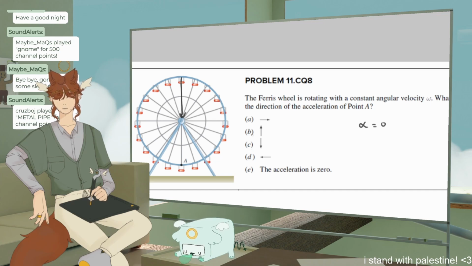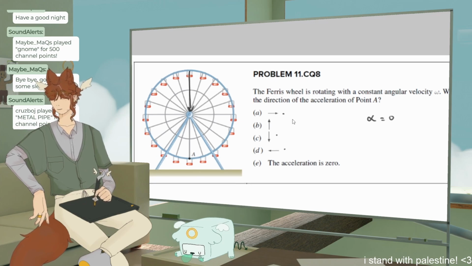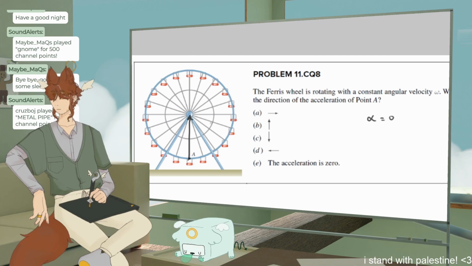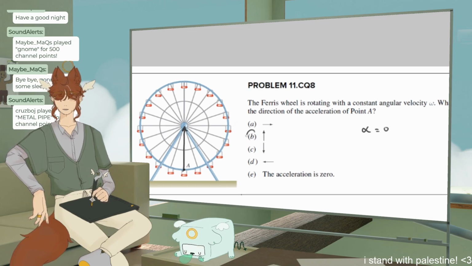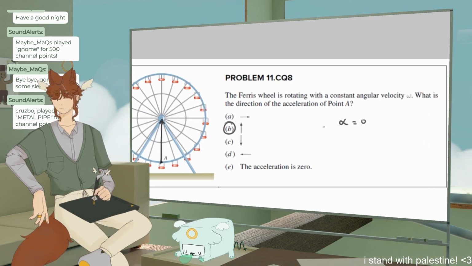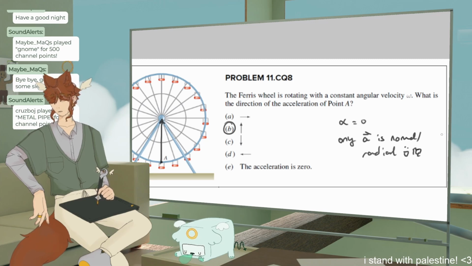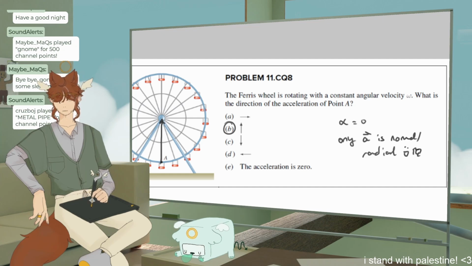Kind of a weird question because it could be this one, or this one, depending on where you are. Oh wait, point A. They give us a point. It's up. Only A is normal/radial. Then we draw a little happy face because we're happy that we got it right. Always good to celebrate, even if it's a little victory.